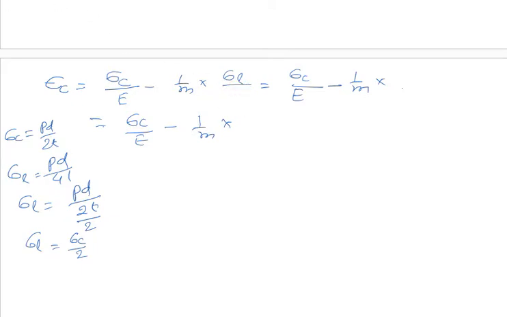This will be 1 by m into sigma L by E. So we can write the value of sigma L over here, then we will get sigma c by 2E, correct? So sigma c by 2E. Now let's take the common value, that is sigma c by E into 1 minus 1 by 2m, correct?